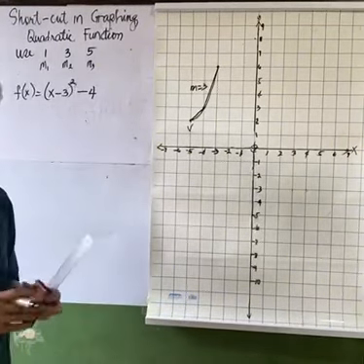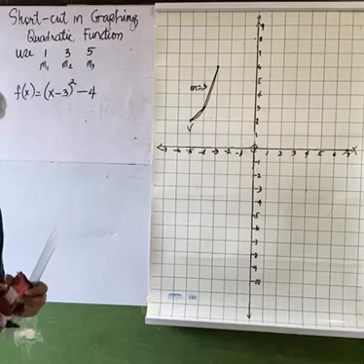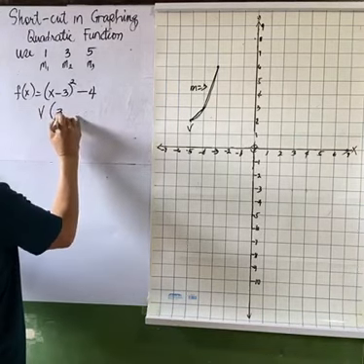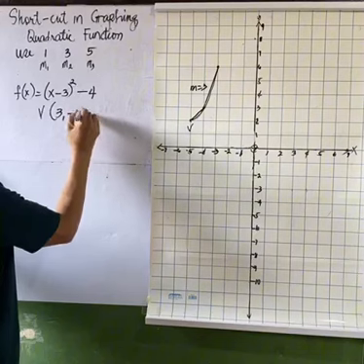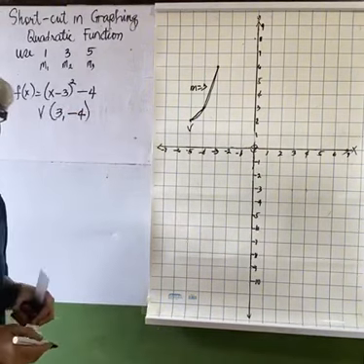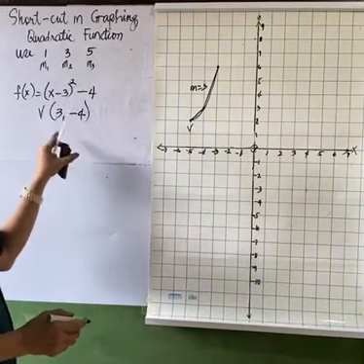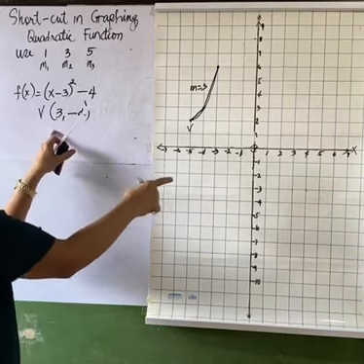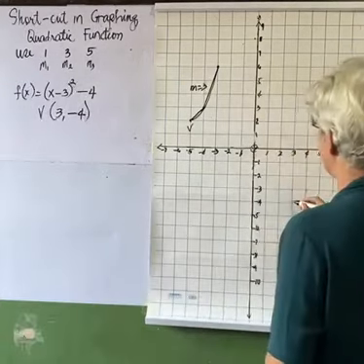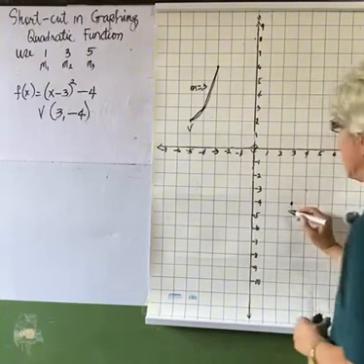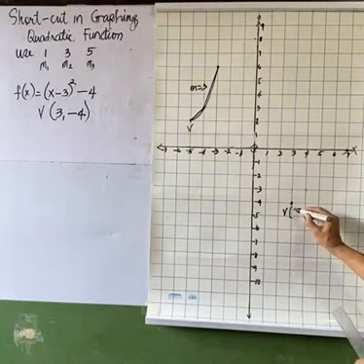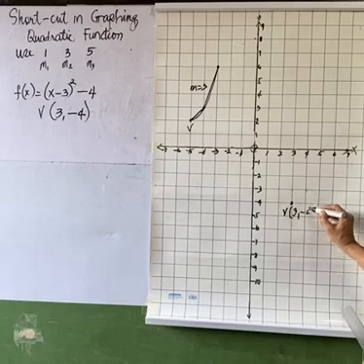So the first step that we are going to do is to find first the vertex. So the vertex is (3, -4). And then we will plot this vertex at the coordinate plane. So it is somewhere here. That is our vertex, which is (3, -4).